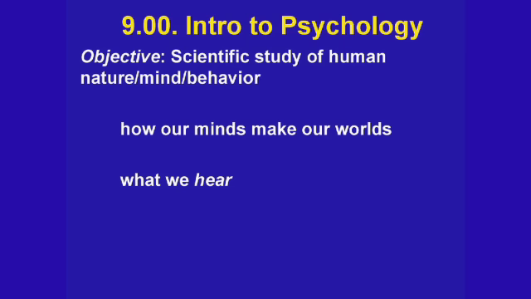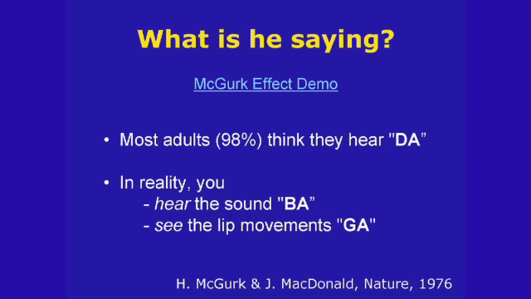But the basic idea is most people think they hear the word da coming from the speaker. And in fact, in their mind they do, because that's how they interpret what they're hearing. But in reality, the film clip is of the person saying ba, ba, ba, and then an audio recording of the person saying ga, ga, ga. Your mind intertwines across modalities what you hear and what you see, integrates them in some way below your level of consciousness.